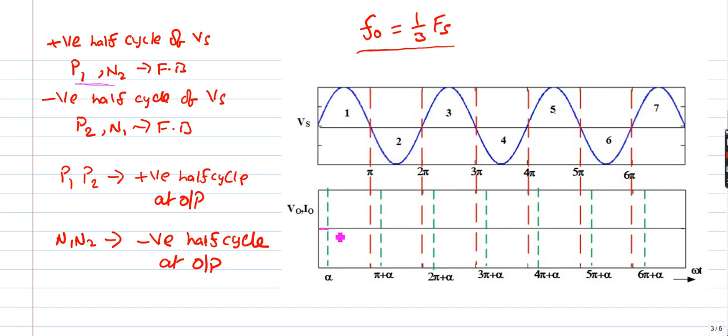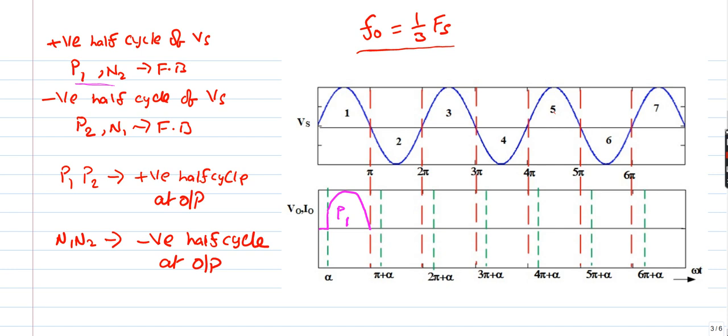At alpha, I require positive half cycle, so I will give triggering pulse to P1, because P1 and N2 are in forward blocking mode during positive half cycle of the supply. At pi, it goes to off state. Natural commutation occurs in this case of step-down cycloconverters.